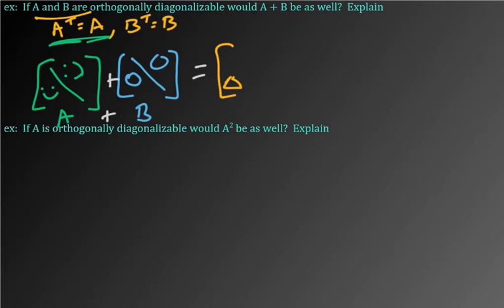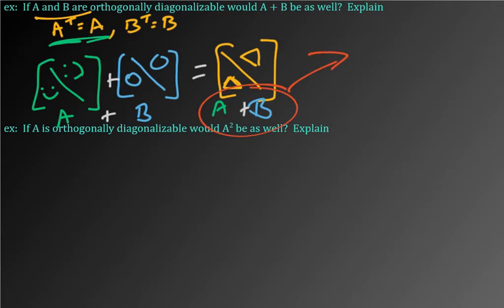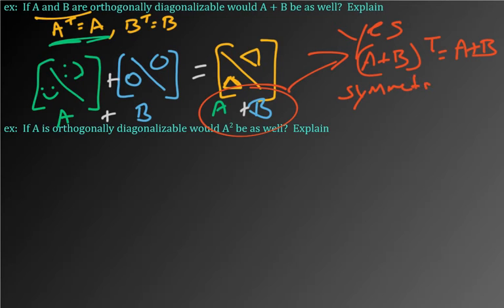Definitely the sum A plus B should still be symmetric, right? Yes. The transpose of A plus B should be A plus B. It is symmetric, and we know that symmetric is equivalent to orthogonally diagonalizable. So check, we're good. That is definitely true.